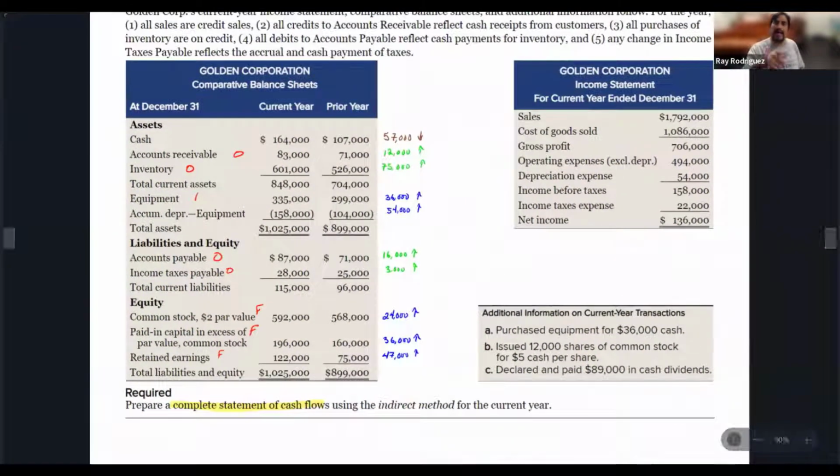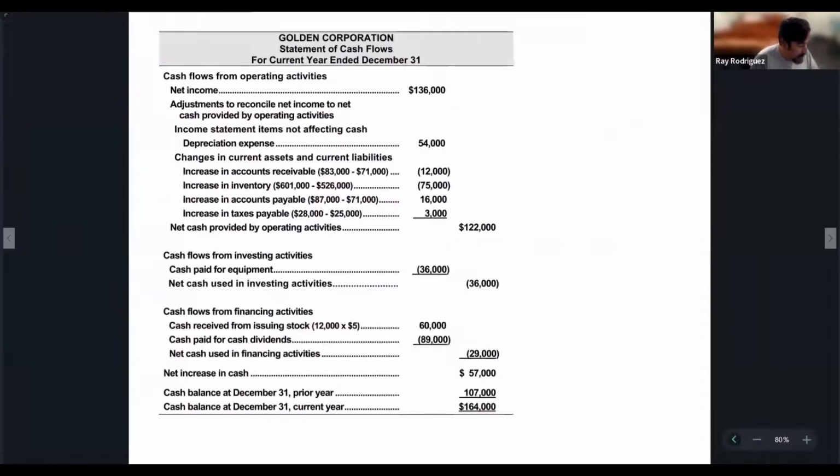So first, let's knock out the operating piece. For the asset side, we're going to subtract 12,000. We're going to subtract 75,000. We're going to add 16,000 and add 3,000. And don't forget, we're going to add 54,000 for depreciation. So that's here.